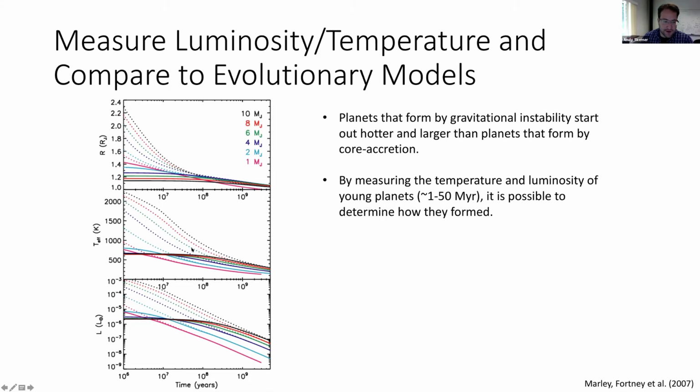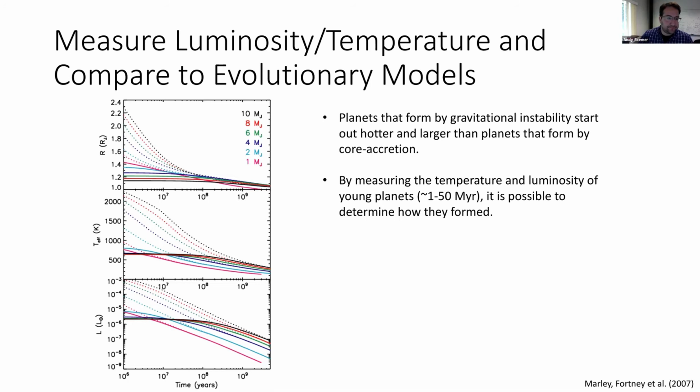If you form by core accretion, after a massive accretion event, you start out a little bit colder. And so if you find a planet and it's 2000 Kelvin, it probably formed by gravitational instability and not core accretion. If you find a planet that's more like 500 Kelvin, it's a little less sure which one it is. But this is the first order thing that you can learn about exoplanets, specifically if you're looking at the young ones.